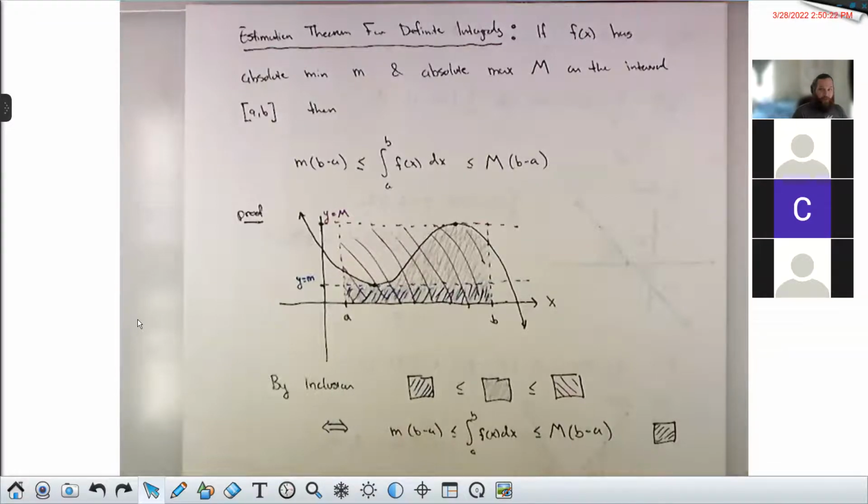I've heard this called the world's dumbest integral estimate because it is kind of a silly estimation tool, but there can be some fun problems built around it. So we can take a look at one of those before we start talking about the fundamental theorem. Let's see if we can find a fun one.